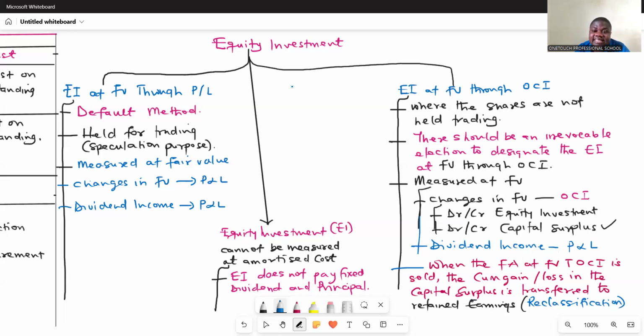Which financial asset am I? Financial asset at amortized cost.